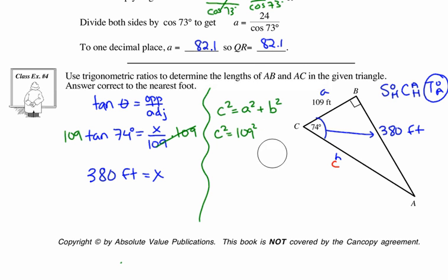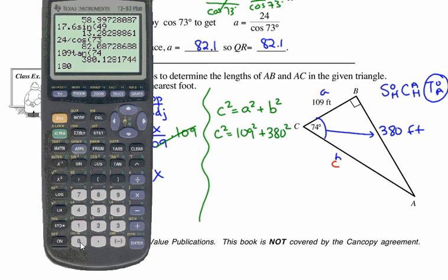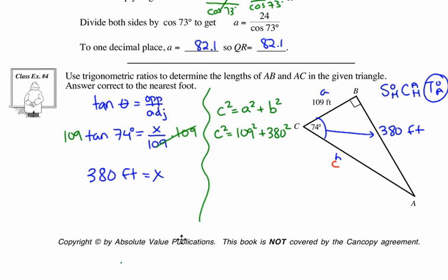So in your calculator, let's use the exact. And so let's plug this in. So 109 squared plus my previous answer squared, gives me that, and then we're going to square root that. And so the nearest foot is 395. So c equals 395 feet.